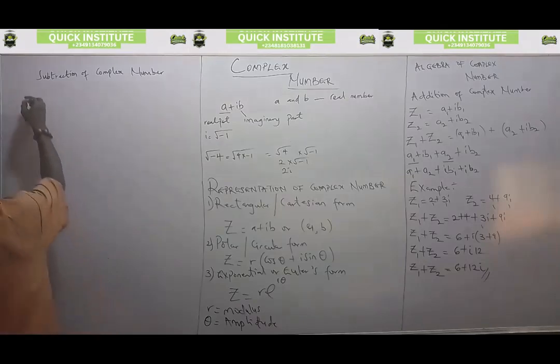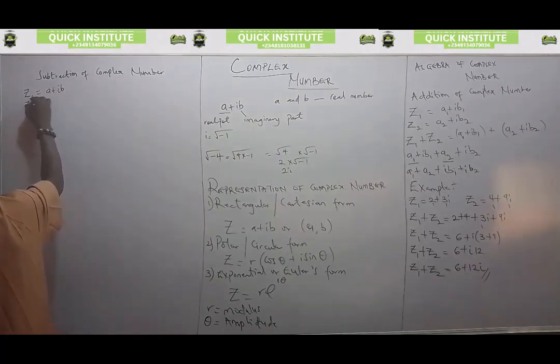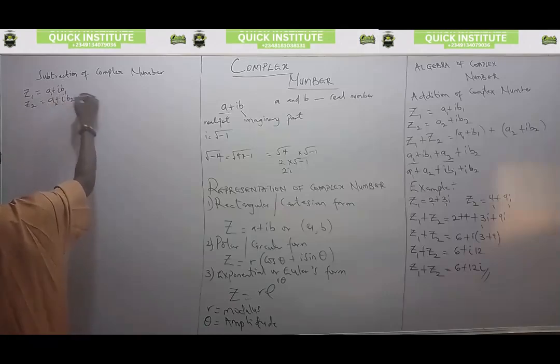Let's say we have z1 equals a1 plus ib1, and z2 equals a2 plus ib2.